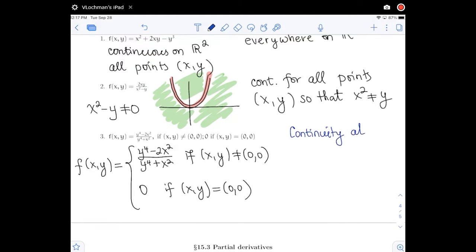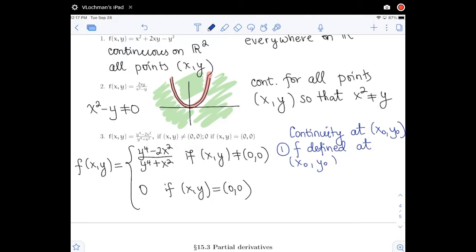In our case, it's going to be an ordered pair, right? First of all, f needs to be defined at that point. Before we even talk about continuity, we need to make sure we have a value for that function.